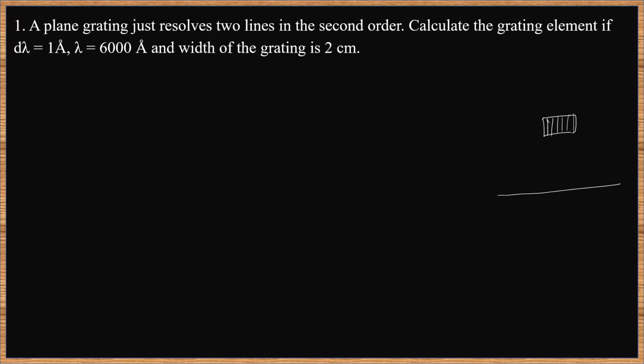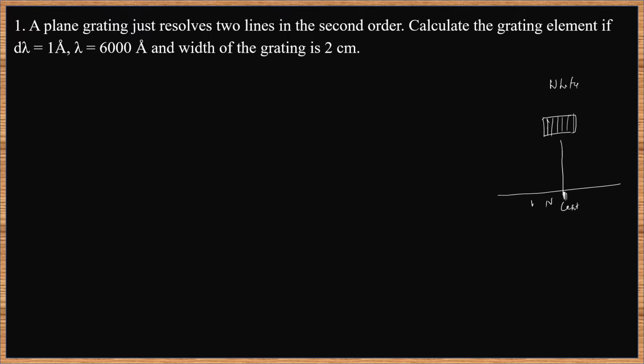The central maxima will be white, and on either side of the central maxima we can see the first order principal maxima. Those first order principal maxima contain VIBGYO.